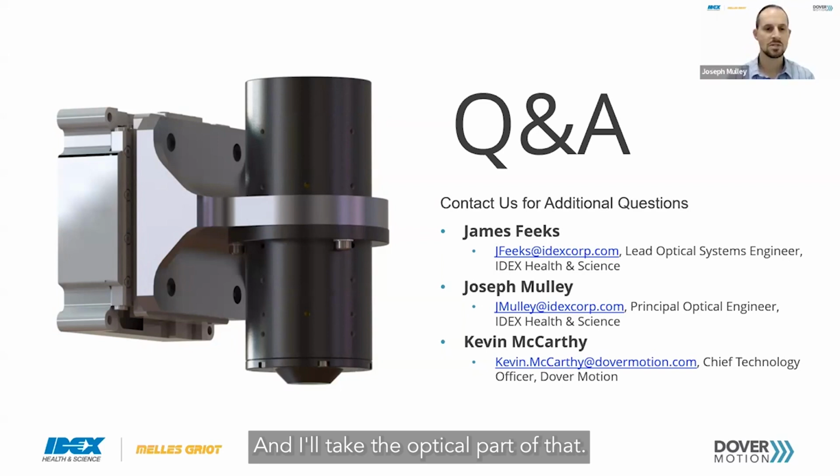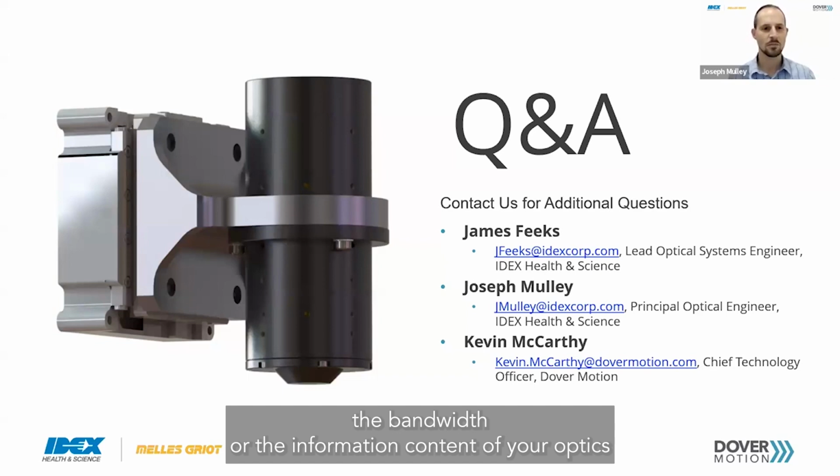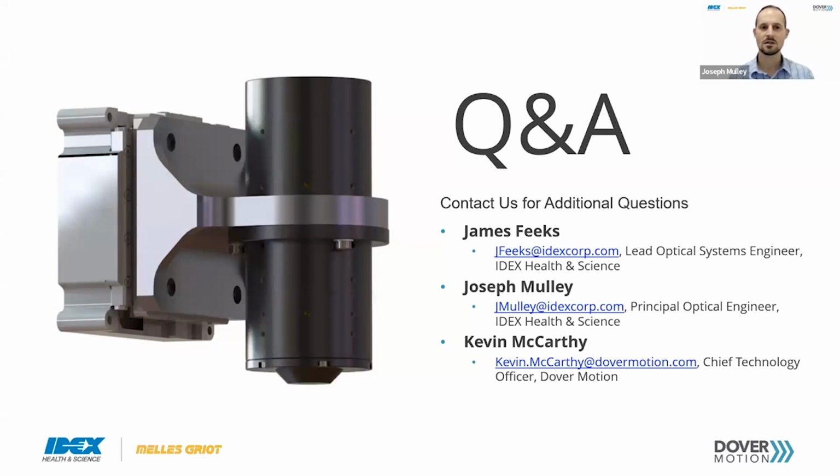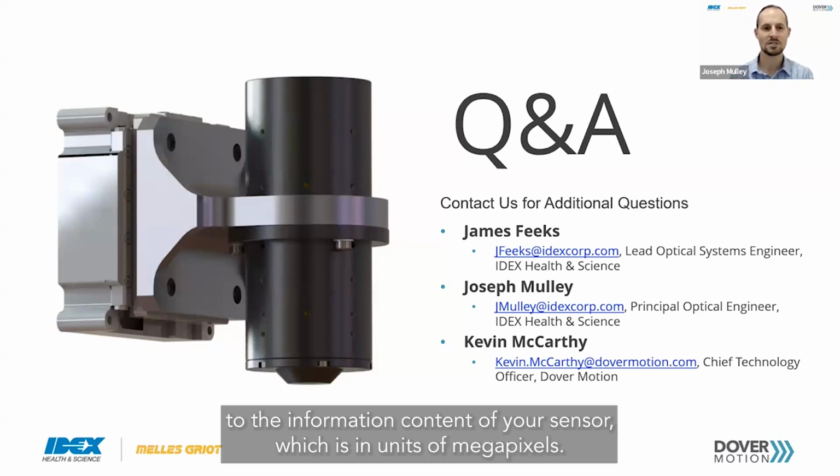And I'll take the optical part of that question. It's a good question, and there's really a lot to it. But to boil it down in an optical sense, it has to do with matching the bandwidth or the information content of your optics to the information content of your sensor, which is in units of megapixels.